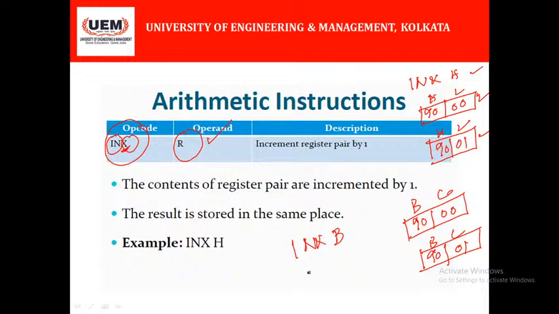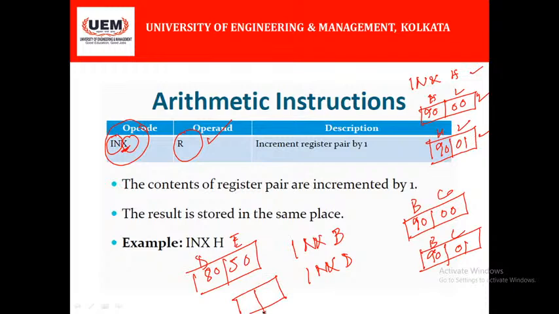9,001. Similarly, we can write INX D, that means we are pointing to the D register pair. If the value of the D register pair is 8050, after incrementing the value becomes 8051. This is D, this is E. So the result is stored in the same place.